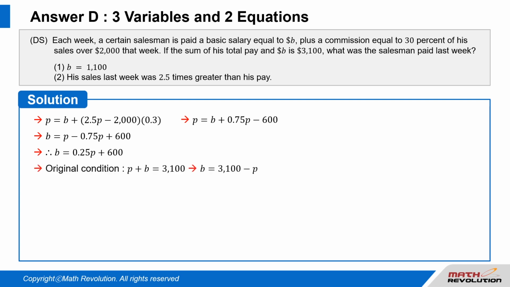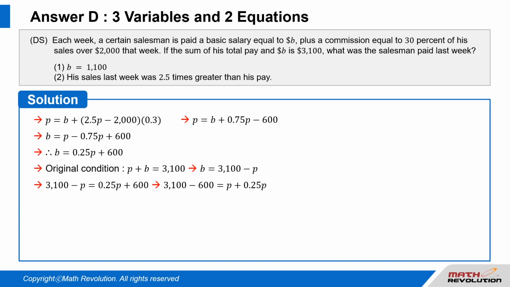Let's rearrange P plus B equals 3,100 to B equals 3,100 minus P. If we substitute this value into B equals 0.25 times P plus 600, we get 3,100 minus P equals 0.25 times P plus 600.